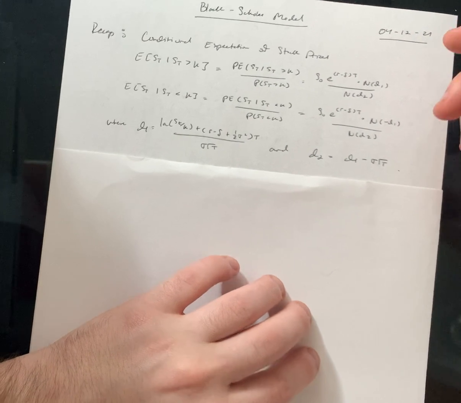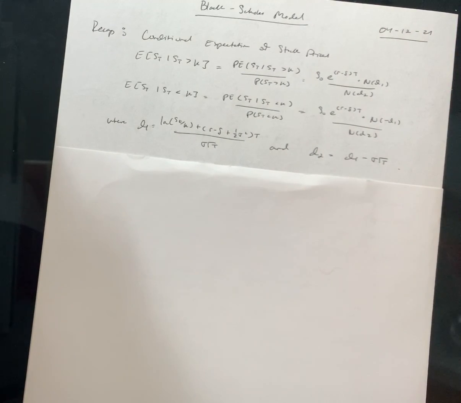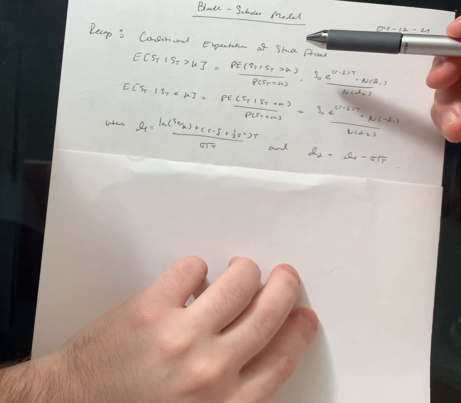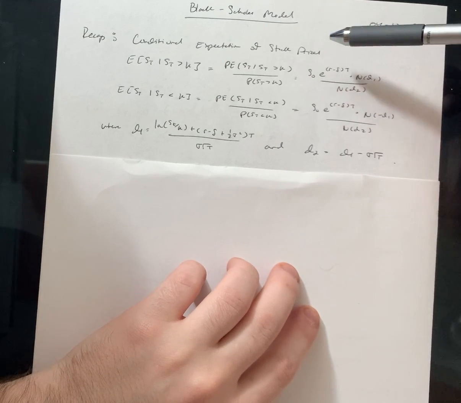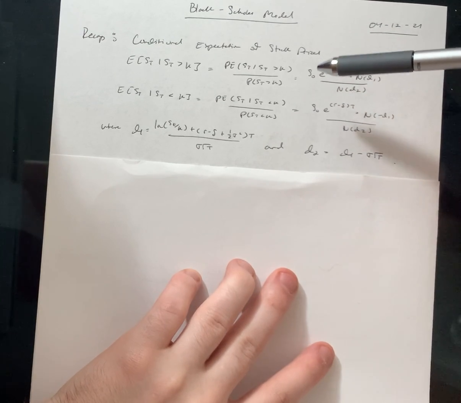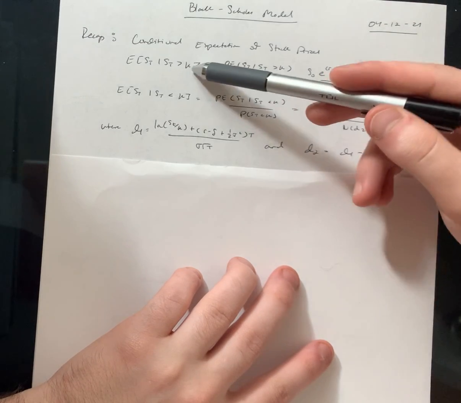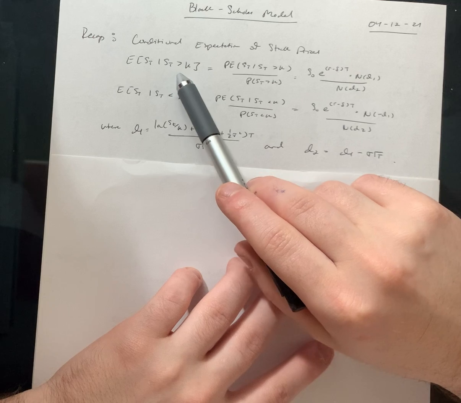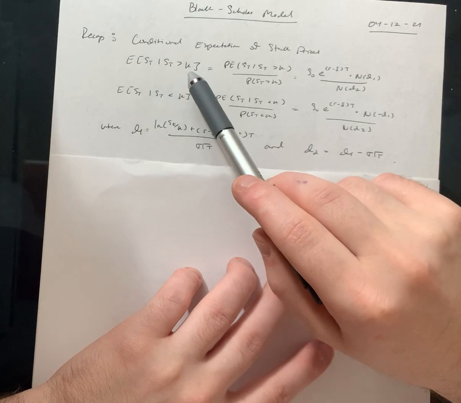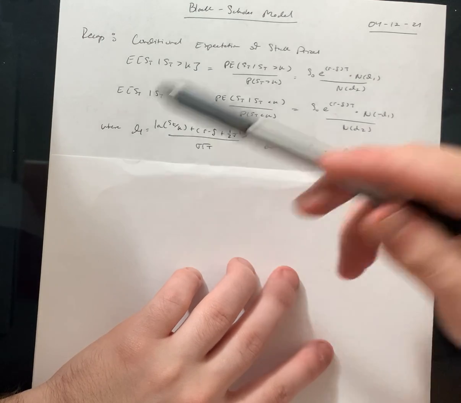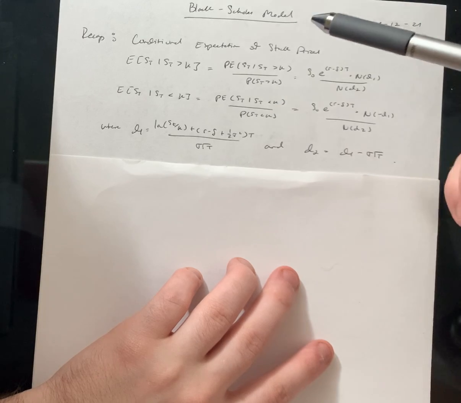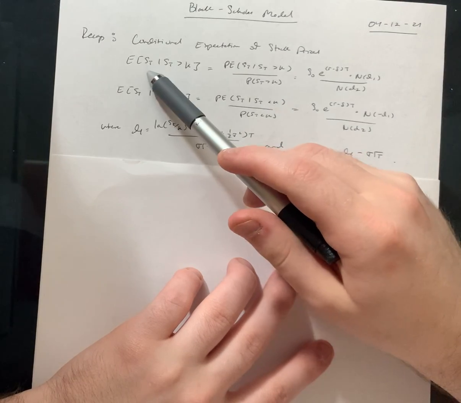In the last video we talked about conditional expectation of stock prices, where we were interested in, given our stock price has gone above or below some strike price K, where K can be any price, what is the expectation of that stock price?